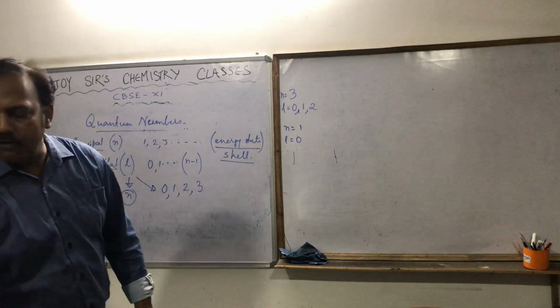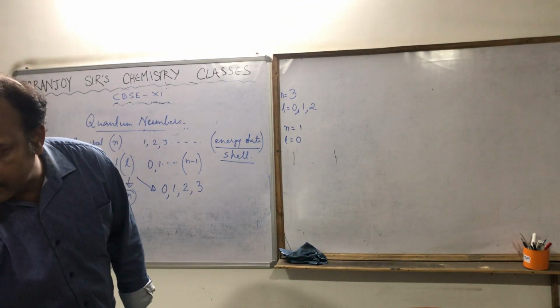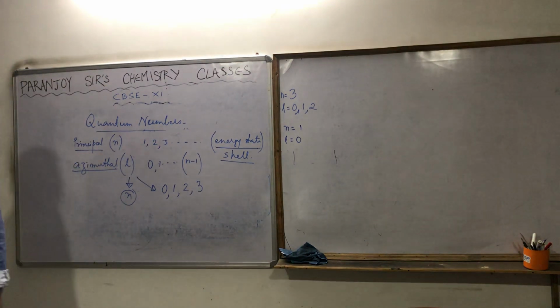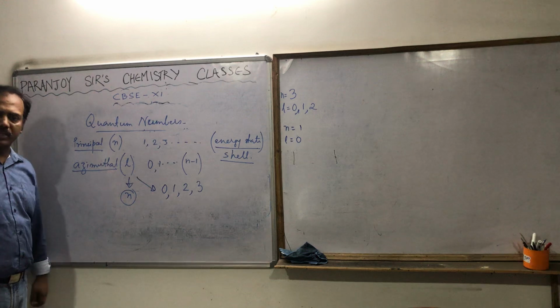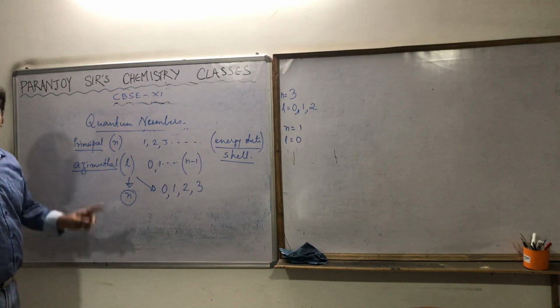So there are 4 possible values: one is 0, one is 1, one is 2, one is 3. As I told, they are telling us about the shape, and those are called orbits.